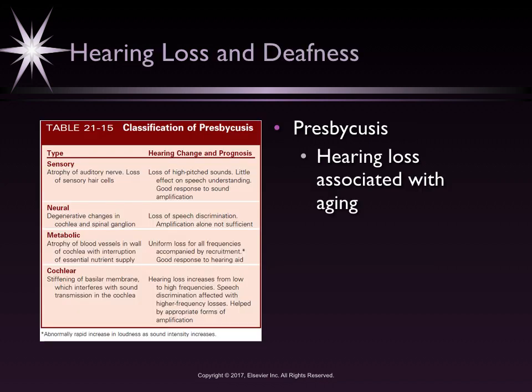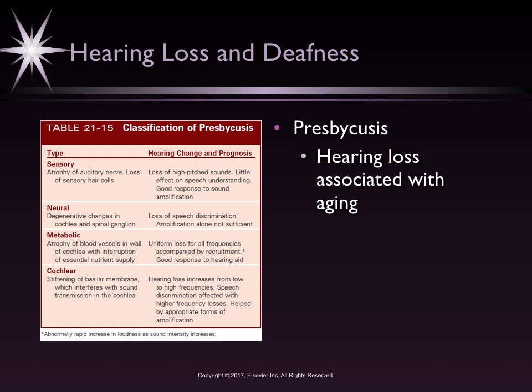Presbycusis is hearing loss associated with aging. What we see is a decline in word recognition ability and associated psychological and communication issues. It includes loss of peripheral auditory sensitivity, a decline in word recognition ability, and those communication issues.